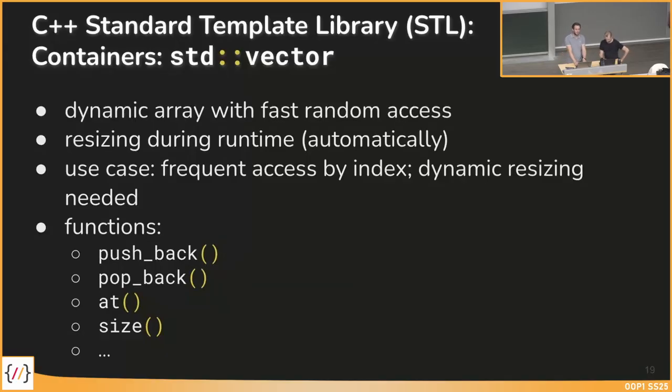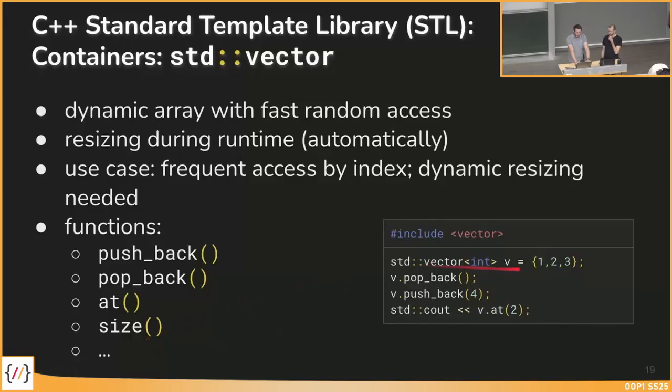The use case for such vectors is, for example, if you want to have dynamic resizing and frequent access by index, and there are some known functions such as push_back, pop_back to add elements at the end, or remove elements at the end. at is the method to access elements at a specific index, and size is the method to call if you want to get the size of the vector.